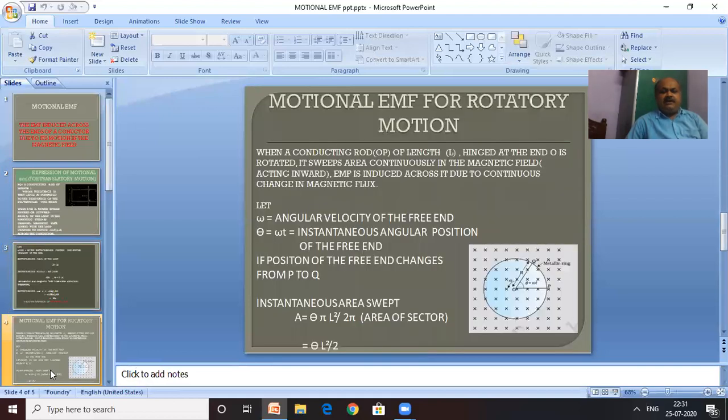Now look at the motional EMF for rotatory motion. Here I have taken a conducting rod OP of length L, hinged at end O, which is rotated, and when it is rotated, it sweeps some area continuously in the magnetic field.